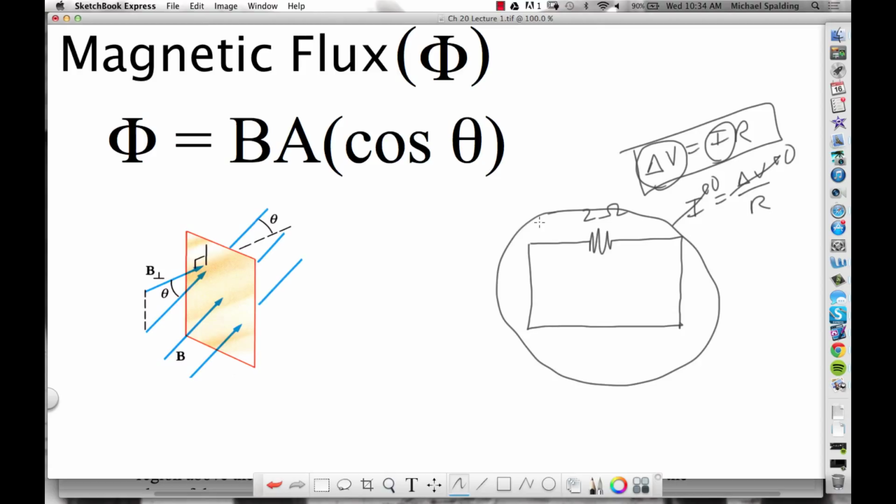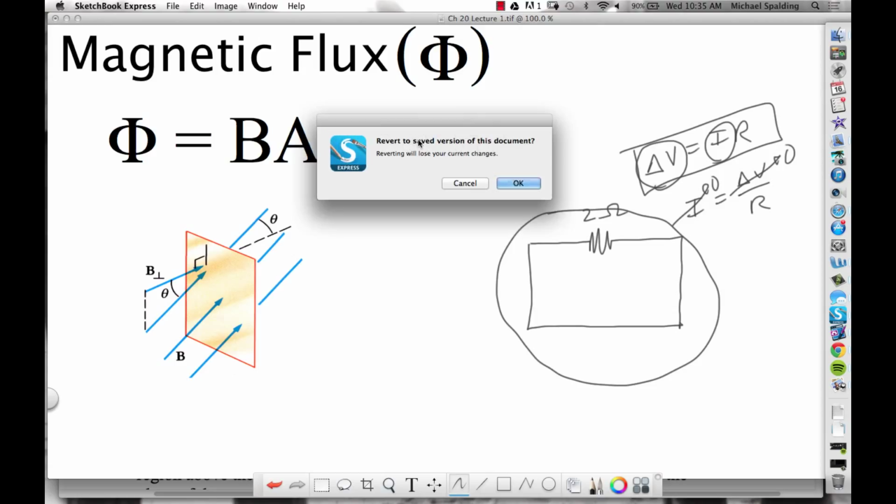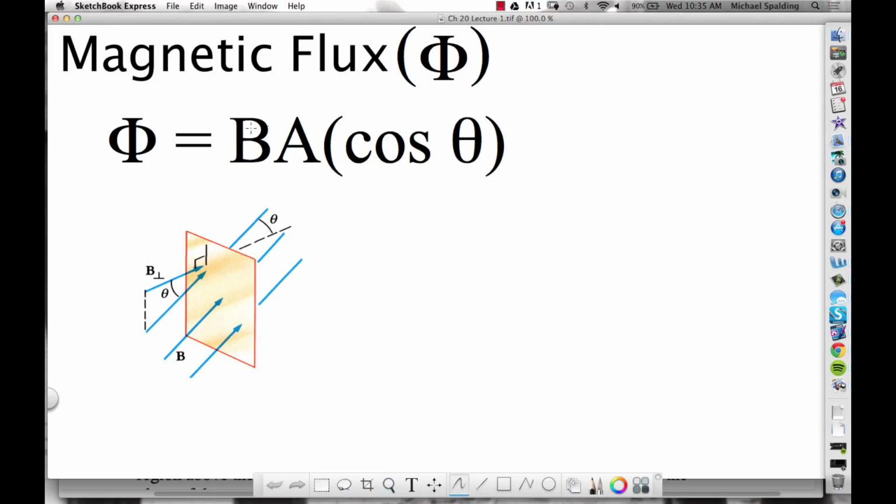So how do we generate current in a loop of wire that has no battery? Well, to understand this, you first have to know what magnetic flux is. And magnetic flux by itself is not very interesting.